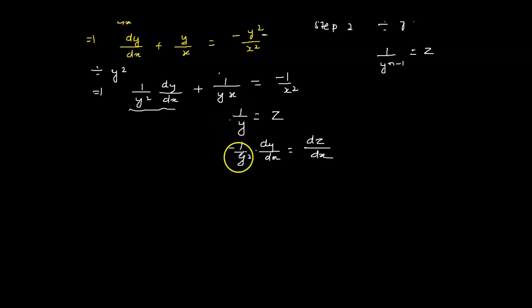So the differentiation of 1 by y is minus 1 by y square into dy by dx, because we are doing it with respect to x, is equal to dz by dx. So in the place of this I can write minus dz by dx. Any doubt in this?